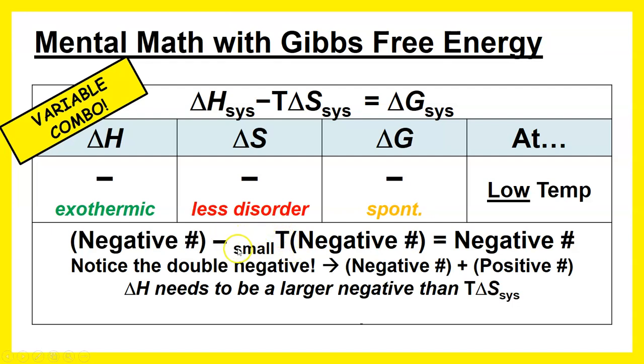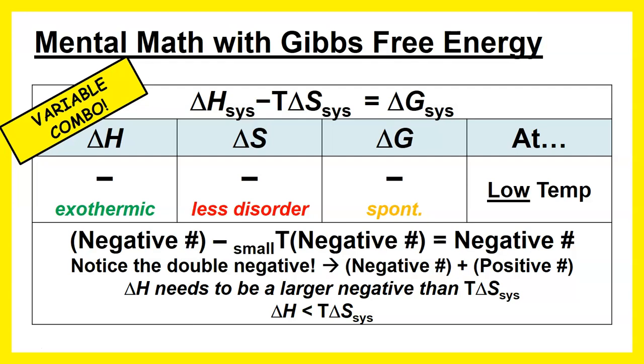That double negative that you're going to have is problematic because you're basically taking a negative number and you're adding a positive number, and if this is too big, you're not going to be able to stay at a negative value. So this time we need that temperature component to be low enough that the exothermic nature, that enthalpy, can overcome the decrease in entropy.